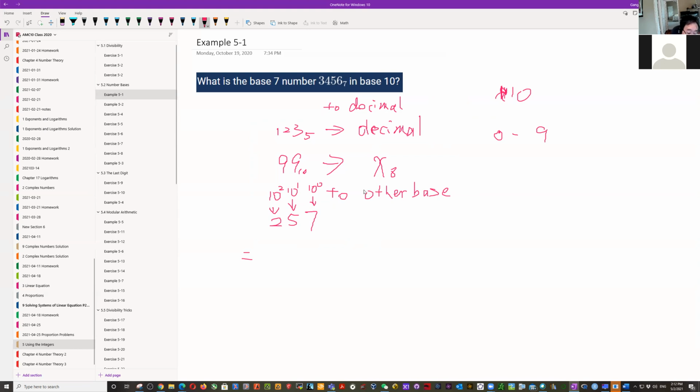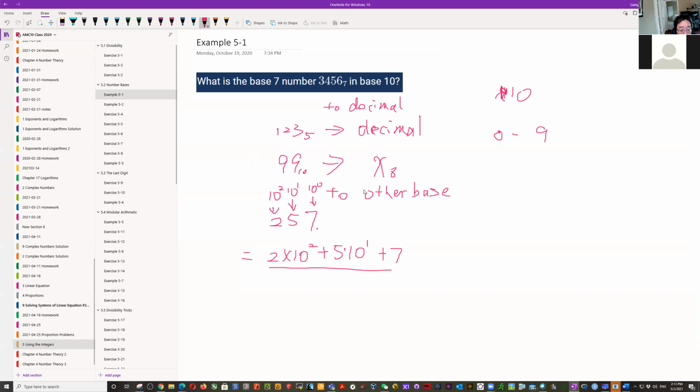But depending on the relative position to the decimal point, a digit represents something different, different by a power of ten. So here it is actually 2 times 10 squared plus 5 times 10 to the first power plus 7. That's its real value.